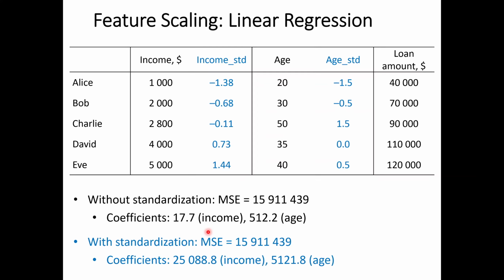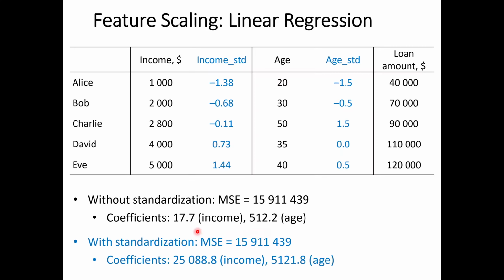After scaling, the coefficients are expressed in standard deviations, which makes them directly comparable and shows the relative influence of the features more clearly. For example, in our dataset with the raw data, it looks as if age has a much stronger influence on the result than income, 512.2 versus 17.7.